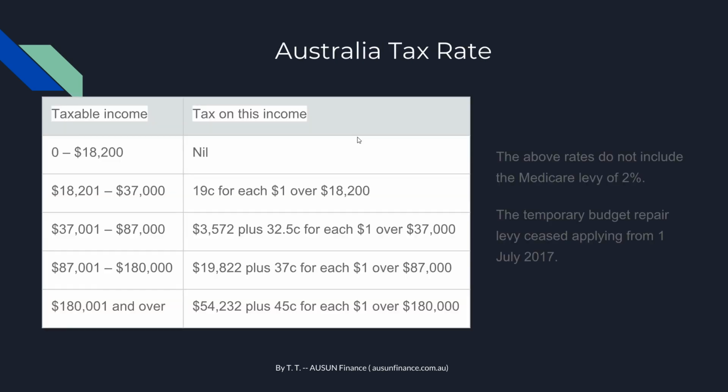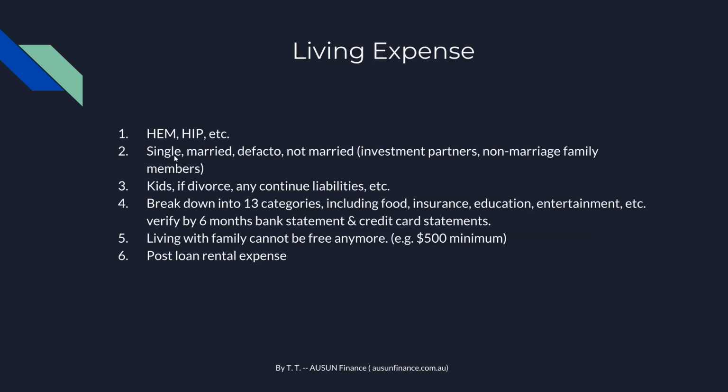Living expense. Of course, with the previous point, there is some income you can add back, but it's a bit complicated. We'll talk about it in another video. Living expense: most banks use HEM, Household Expenditure Measure, from the Australian Bureau of Statistics website, which you can find on Google.